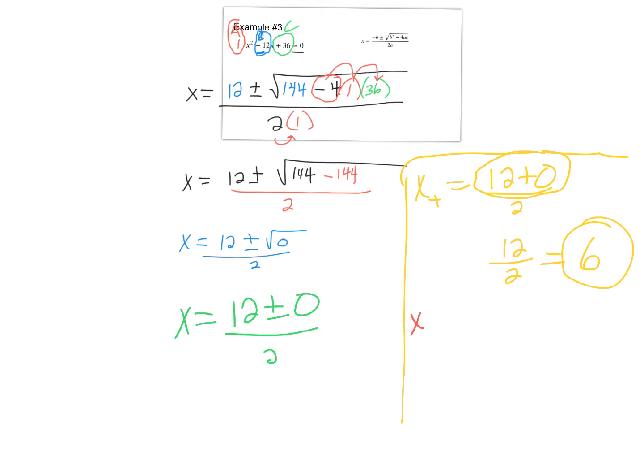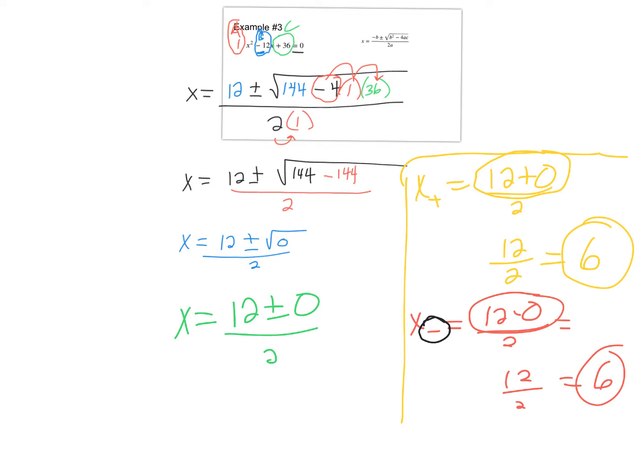The x negative says 12 minus 0 divided by 2. Well, again, 12 minus 0 is 12 divided by 2, which is, again, 6. Now, like I tried to tell you in one of the earlier slides, just because the x negative we're doing does not mean your answer's negative.